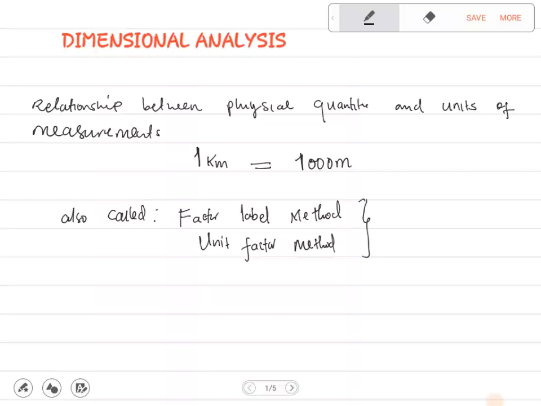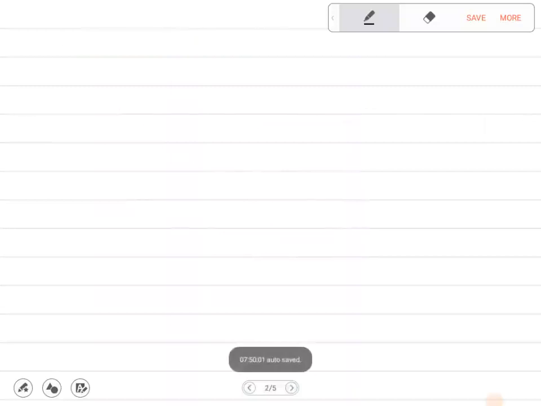Now, when you are checking if, for example, a physical equation is correct or not, you need to check that the right side gives you the same as the left side. Let's check this example.